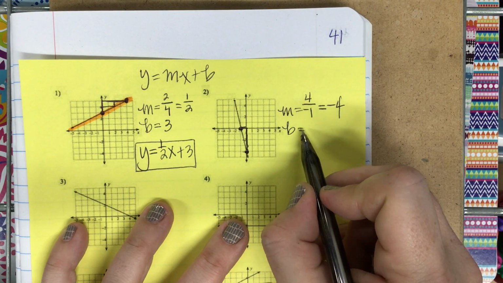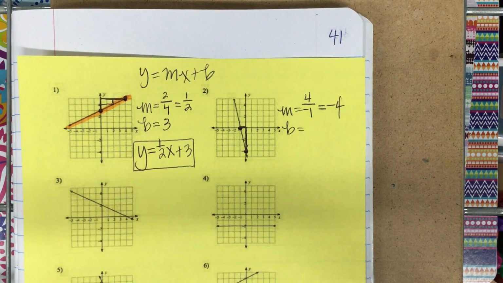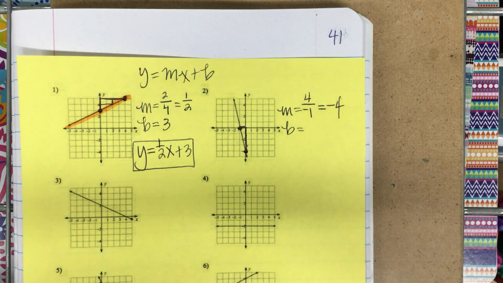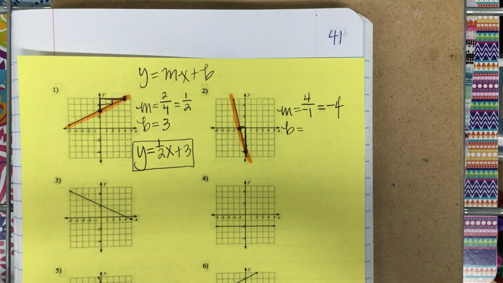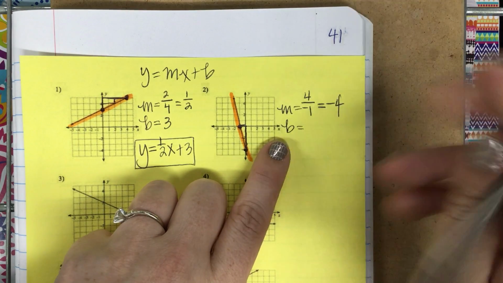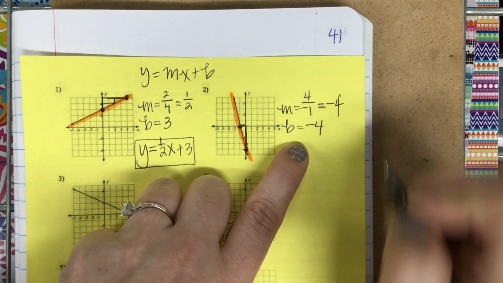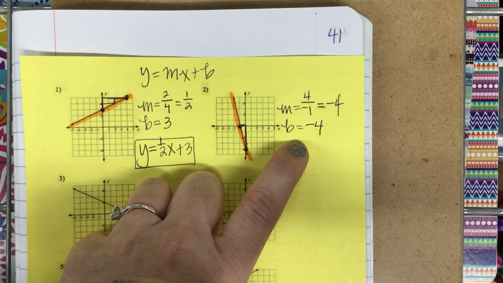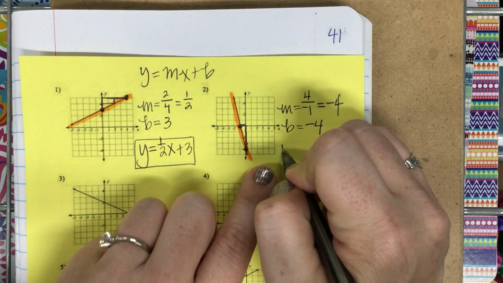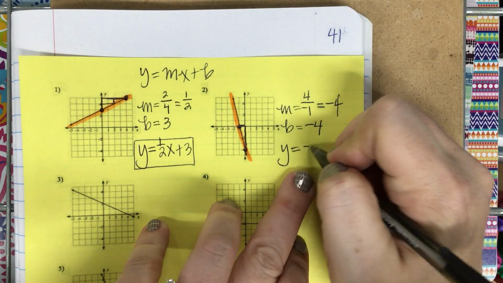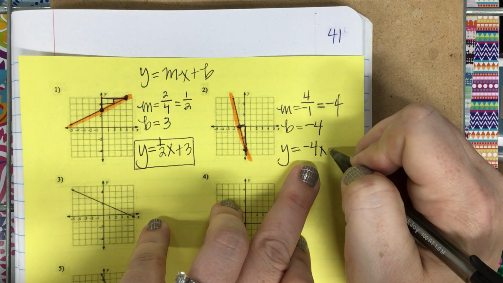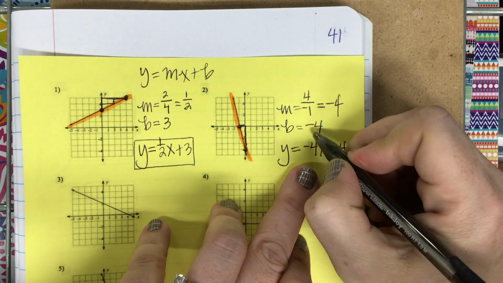And what's my y-intercept? Where does that diagonal line cross the y-axis? -4. Lots of -4s in this problem, huh? So write the equation. Y equals mx plus b. What's your slope? -4 x minus 4.